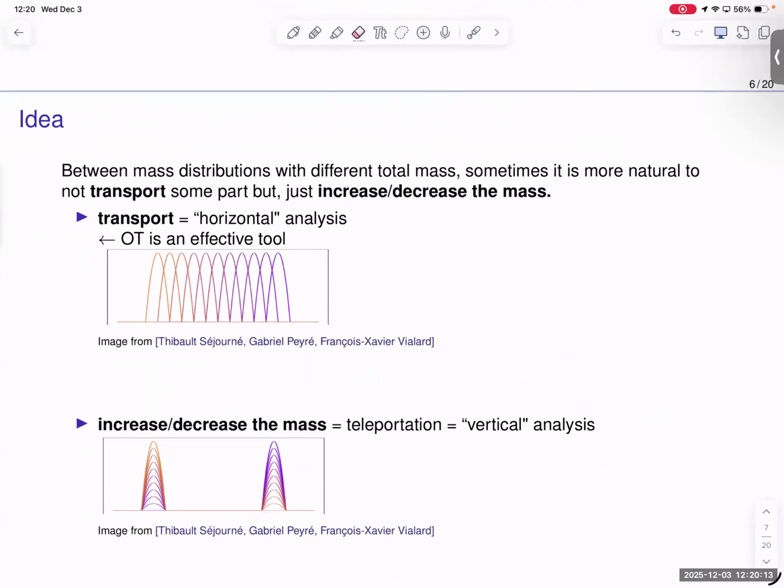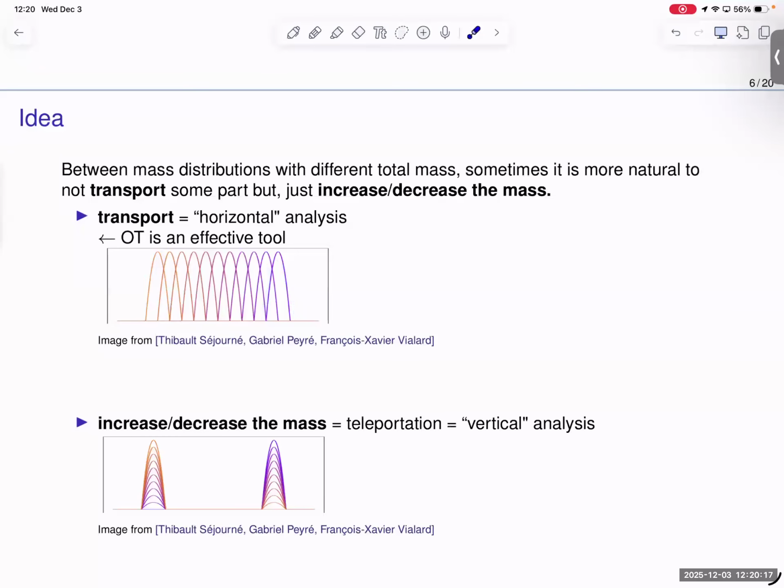Between this, some portion can be transported and also can have this teletransportation. It's not like you necessarily have a clear cut, where some part is transported and some part is not.